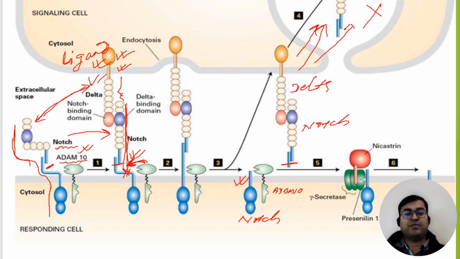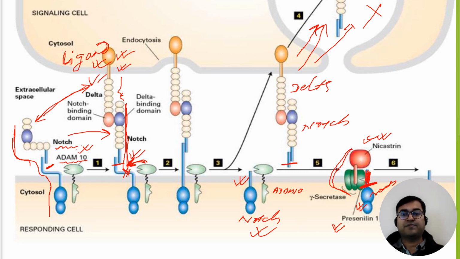Now the cytosolic domain of notch is further acted upon by a 4 protein complex which consists of γ-secretase, presenilin 1 and nicastrin, and among these, this presenilin 1 protease again acts on the cytosolic domain of this notch, and when this presenilin 1 acts on it, the cytosolic domain of notch is broken from the transmembrane domain, and now this notch cytosolic part is free to go into the nucleus.